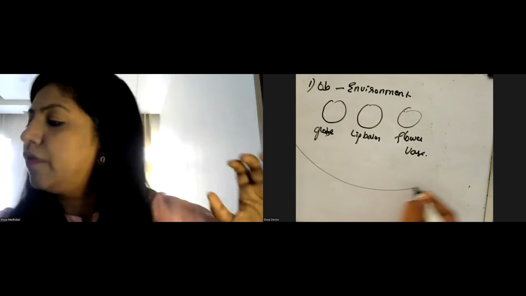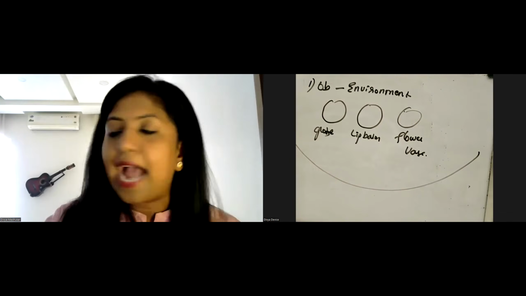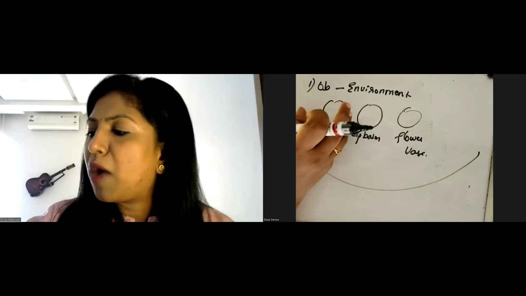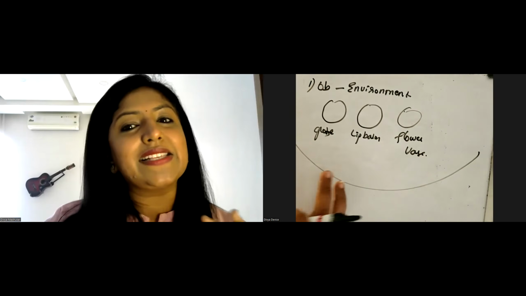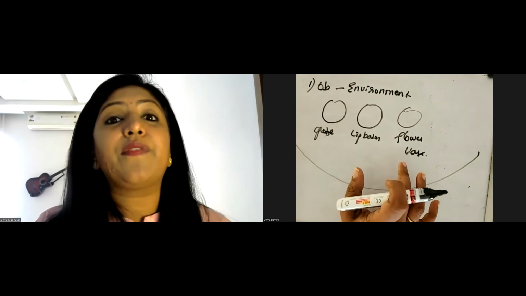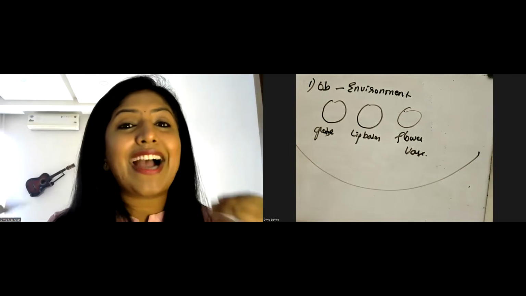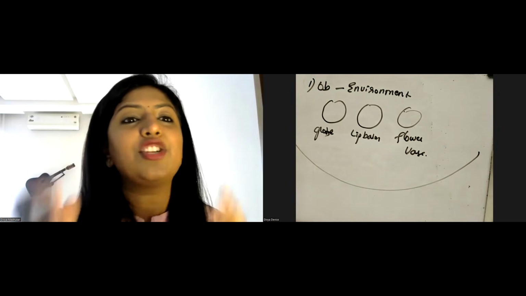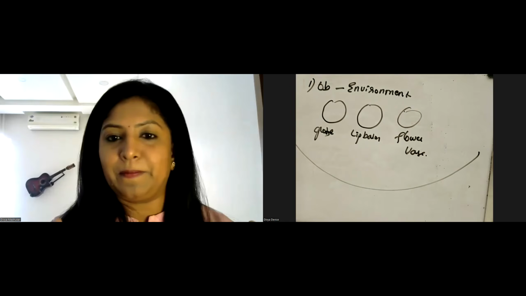I collect all of them in a basket. I take one in isolation. Isolation means one at a time. Then I say, this is globe. This is lip balm. This is flower vase. So what did I do? I introduced the first period lesson to the child, wherein the child learned the names of it.